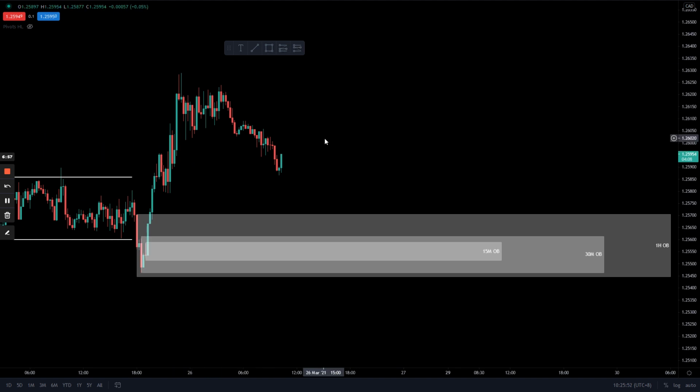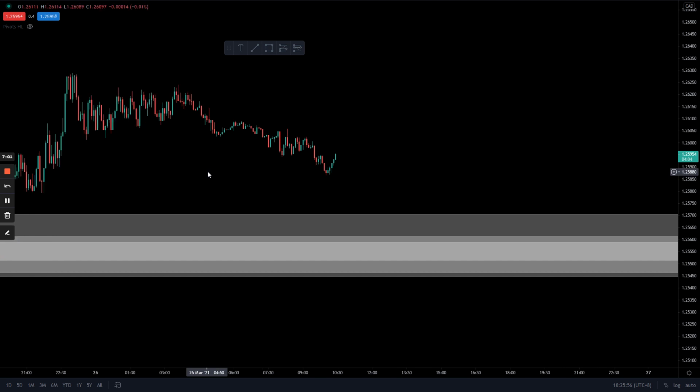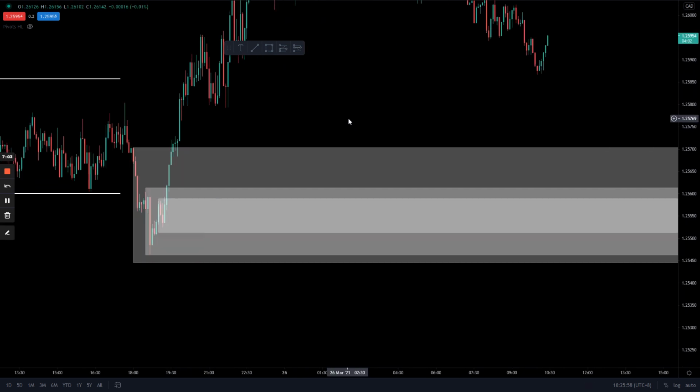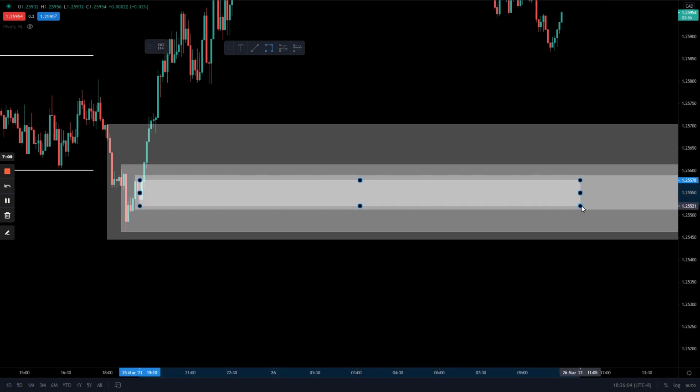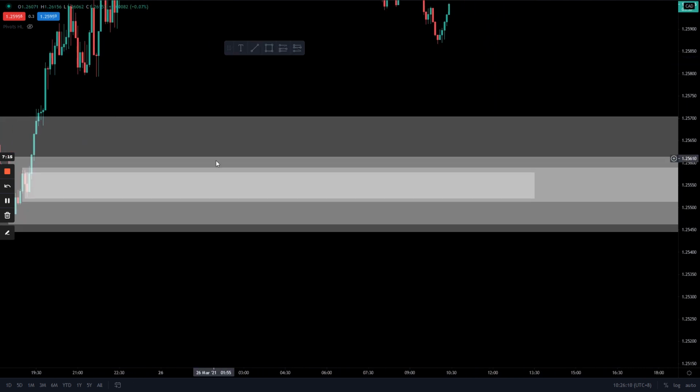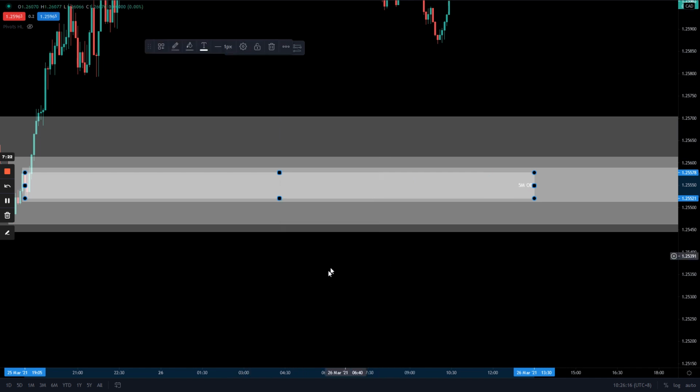We can go on to the 5 minutes to see whether there is an even sharper entry. There is this 5-minute order block right here, which is very, very small. We can enter into this area, so let's mark this as the 5-minute order block, and that's about it.